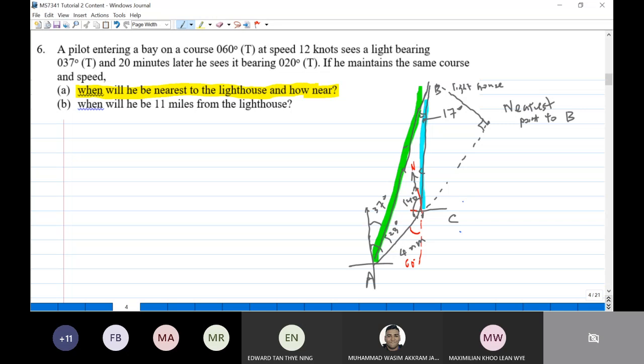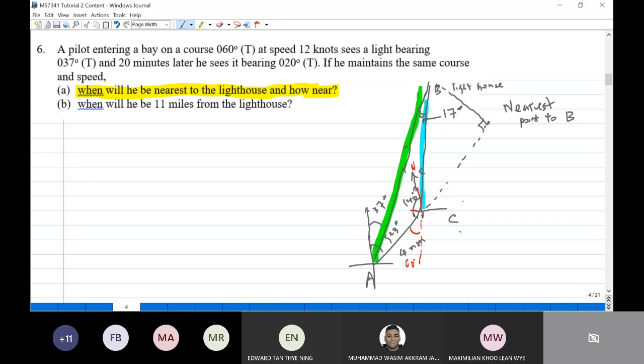So I need to figure out quite a few things. One of them is, can I find out BC? Yes. AC I know is 4 nautical miles, and then okay, so let me see, maybe I can find AB first.